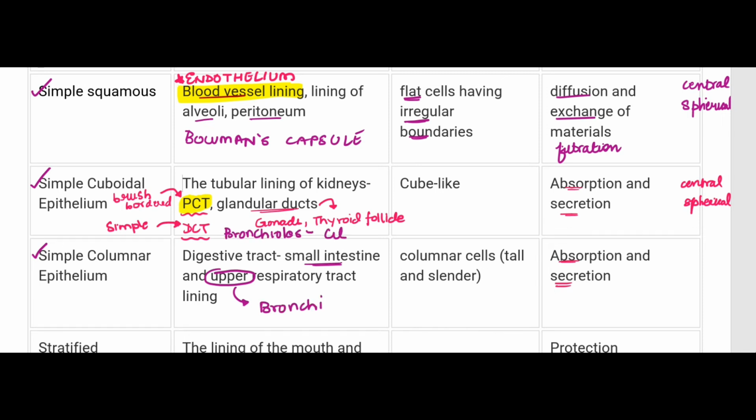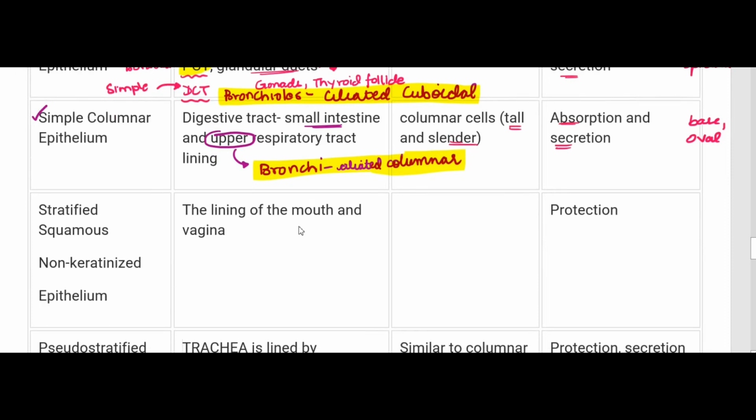Bronchi have ciliated columnar epithelium to facilitate movement of mucus in a specific direction. That is the role of cilia. The cells are tall and slender, and again they mainly facilitate absorption and secretion just like the cuboidal cells. And the nuclei are special because they are not central, they are present at the base and are oval in shape.